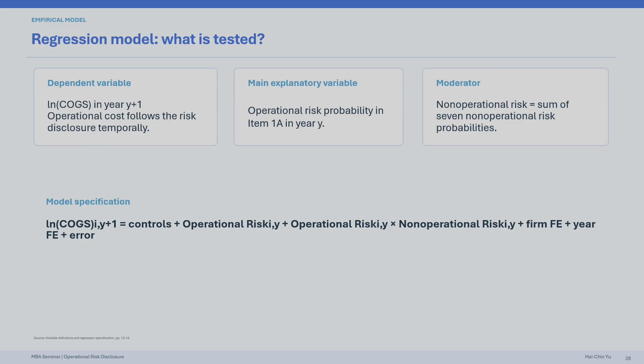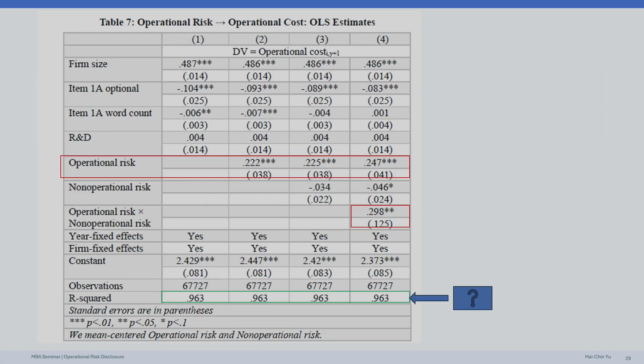So using operational risk at T, and the interaction at T, to predict the cost of goods sold, operational cost, at T plus 1. Control for the fixed effect, year effect, and error term. So here is the result we can see.